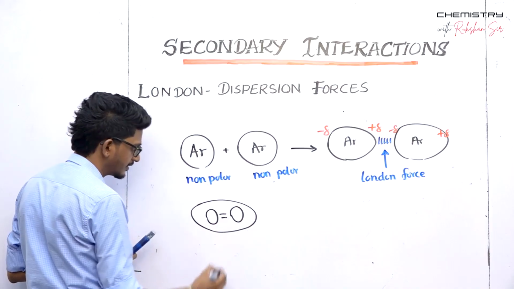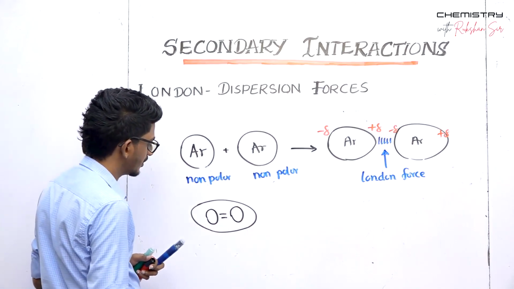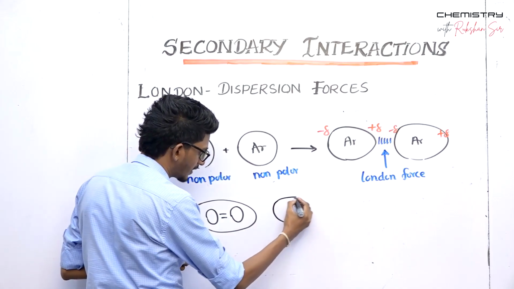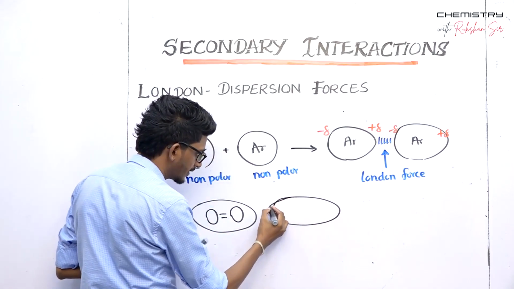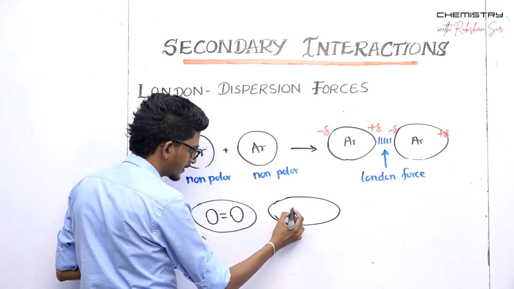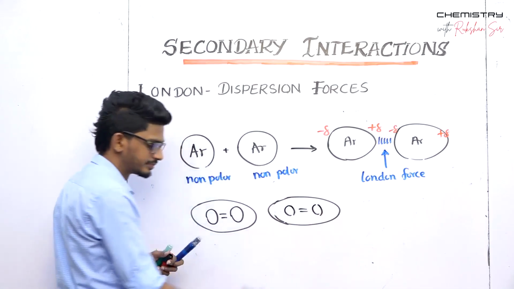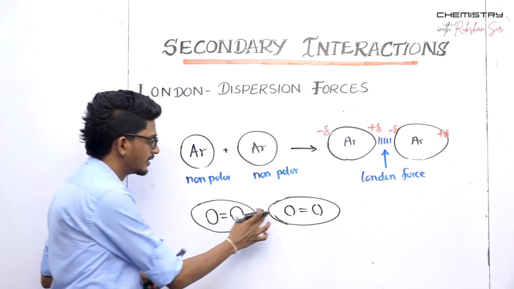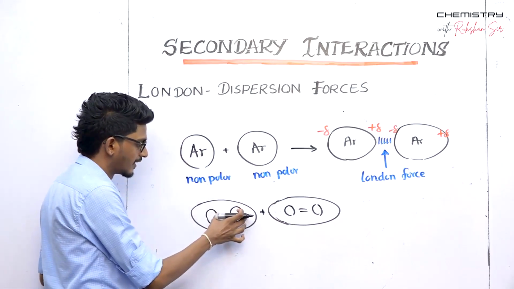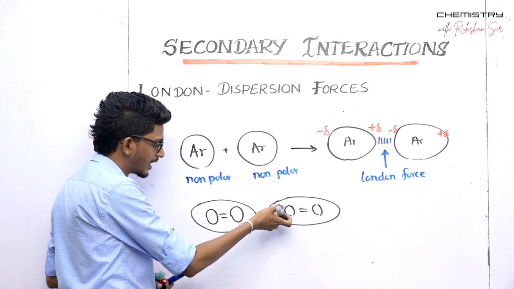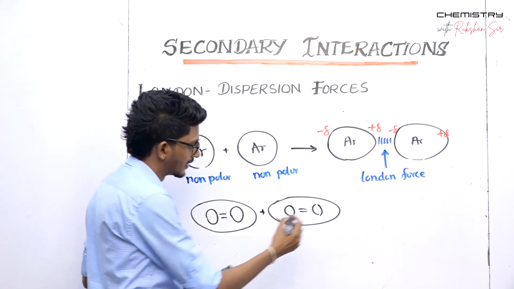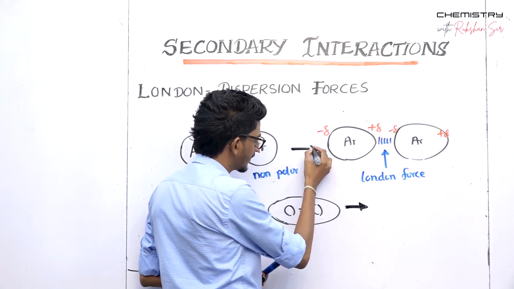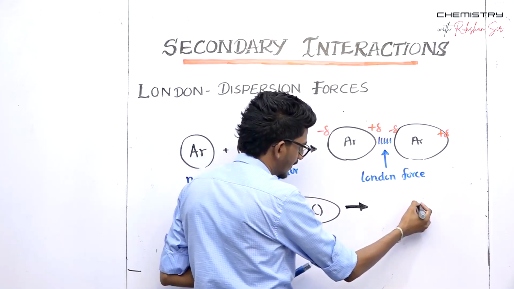What happens when another O2 molecule comes closer to this O2 molecule? The electron density of this one will repel from the electron density of the other O2 molecule, so that ultimately the electron density of the first O2 molecule becomes like this.